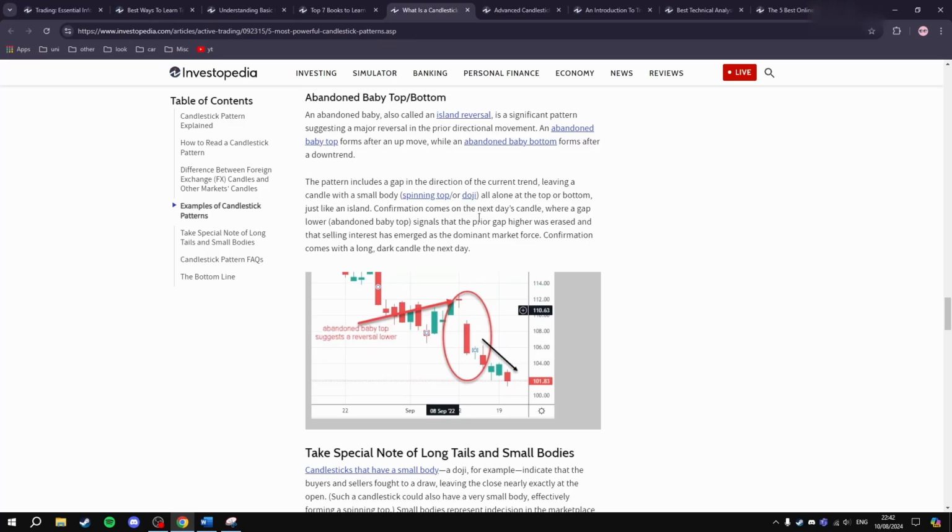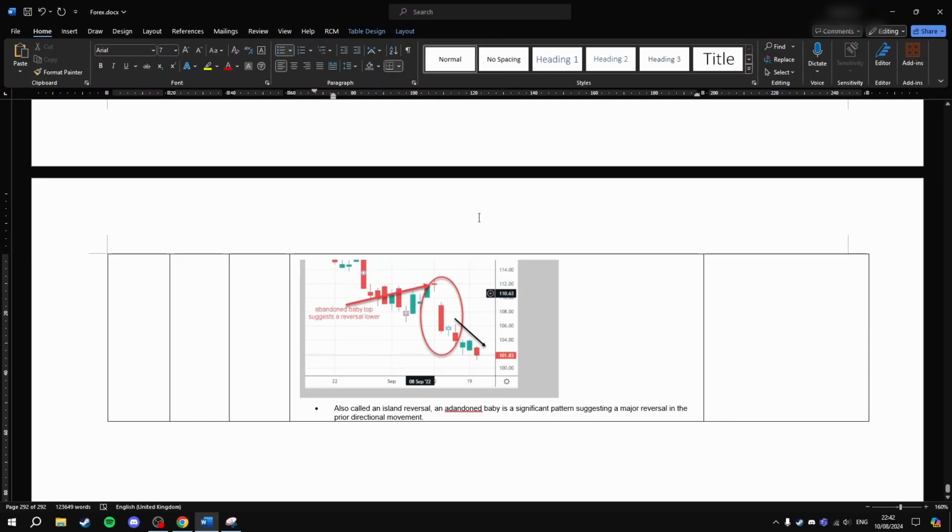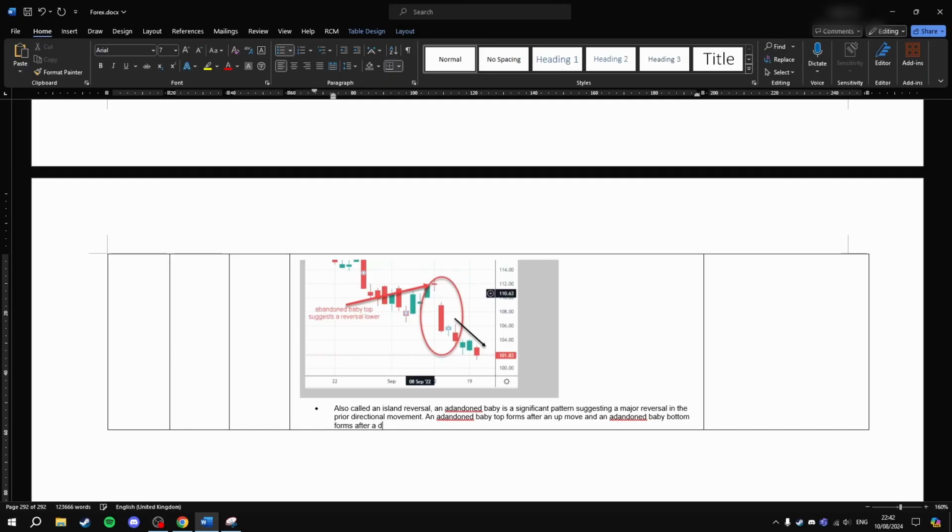An abandoned baby top forms after an up move, and an abandoned baby bottom forms after a down move. Oh, I spelled abandoned wrong. Whoops.